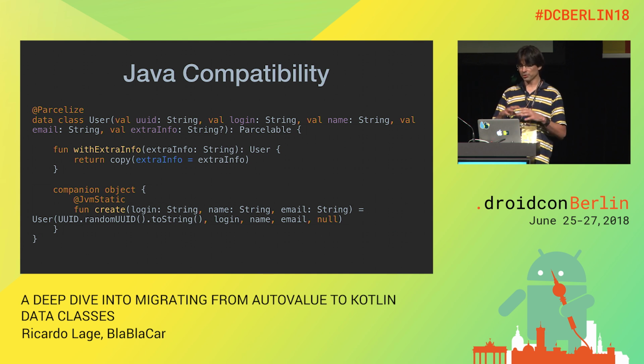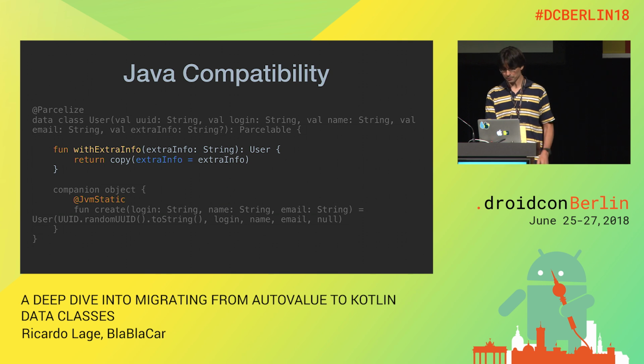So it was easier to just keep the with that we had already for our Java classes and wrap copy inside with the information that we wanted to change. And similarly for the create, we wanted to keep the create for the Java callers, so we just annotated them with JVM static so that we could access them from Java.